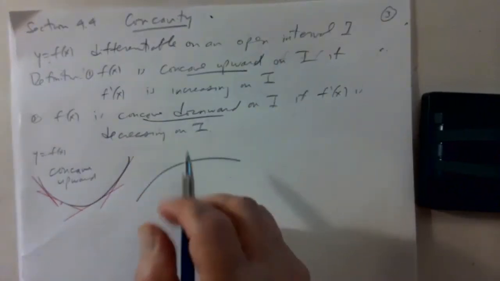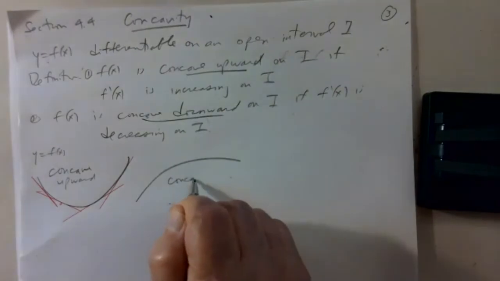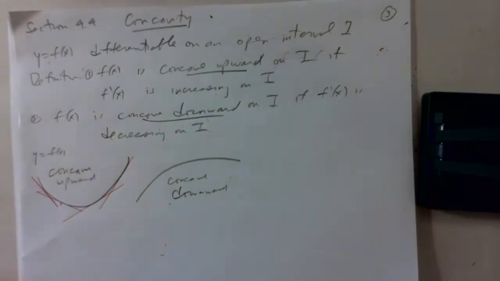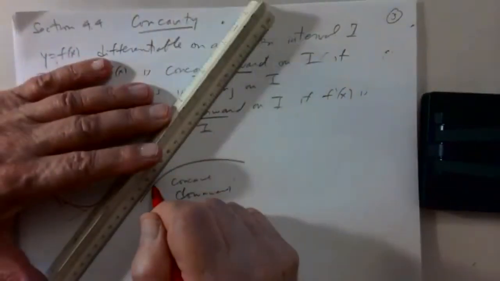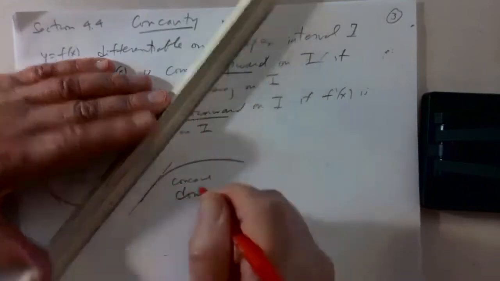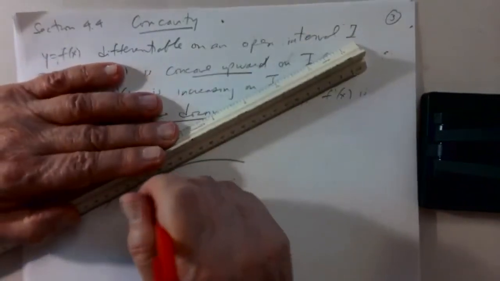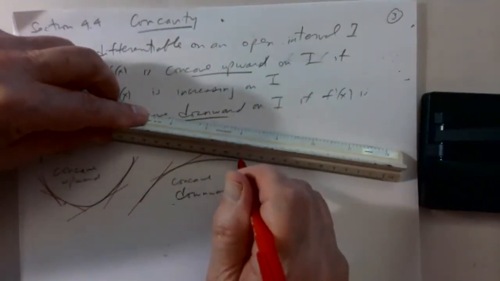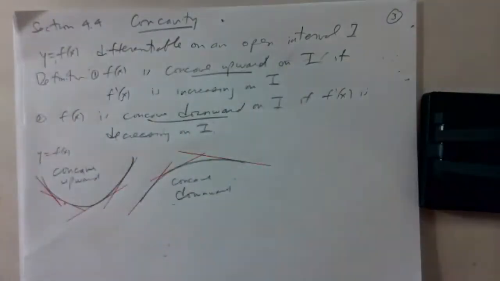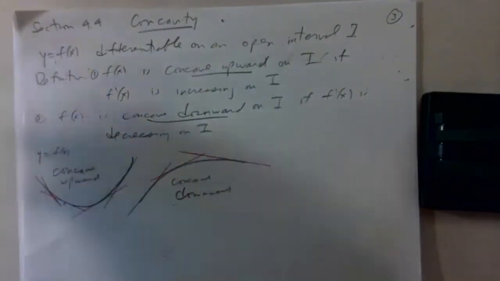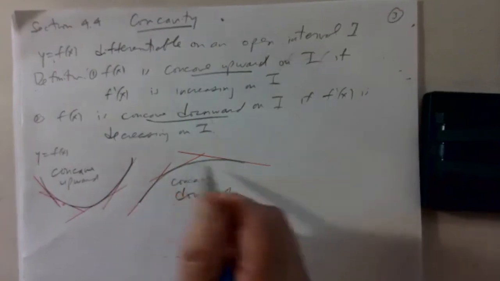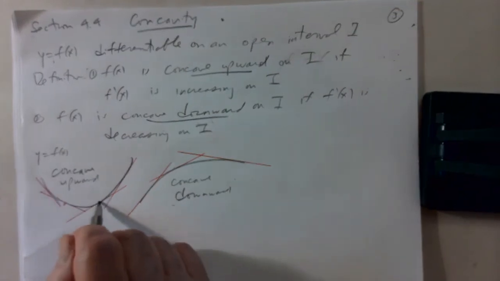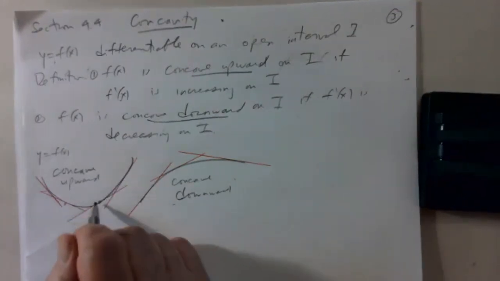On the other hand, this is an example of something which is concave downward. These tangent lines are going from positive to less positive to negative. So this is concave up, this is concave down. Another way to see this geometrically is where the curve is concave up, it lies above the tangent line.